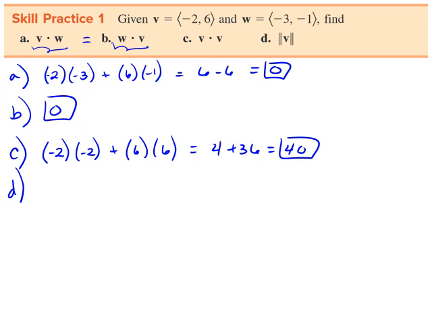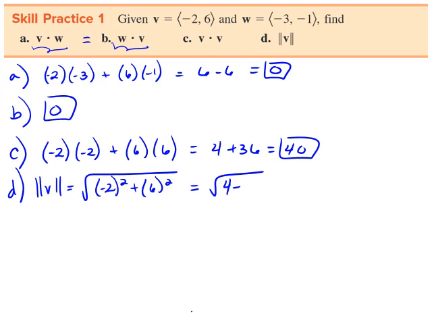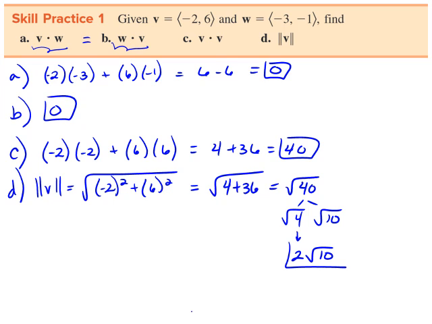Finally, D, the magnitude of vector V, is -2 squared plus 6 squared, all under the radical, which is the square root of 4 plus 36, or the square root of 40. This breaks down into a perfect square 4 times 10, or 2 root 10. So nothing crazy, not too bad.